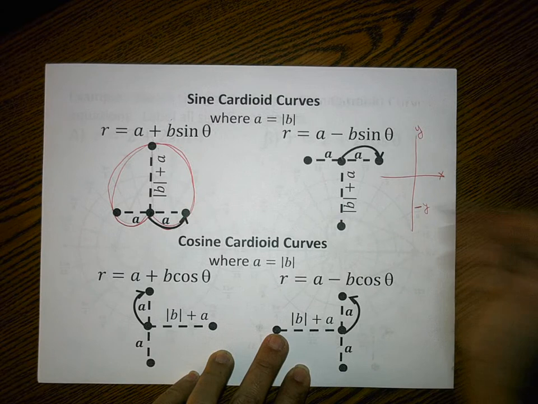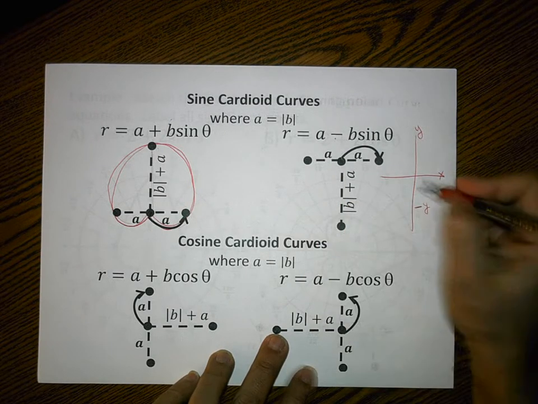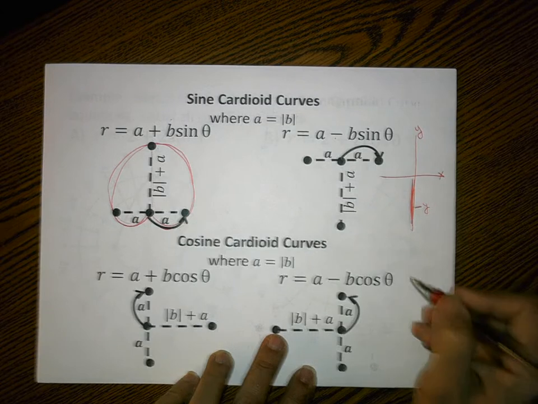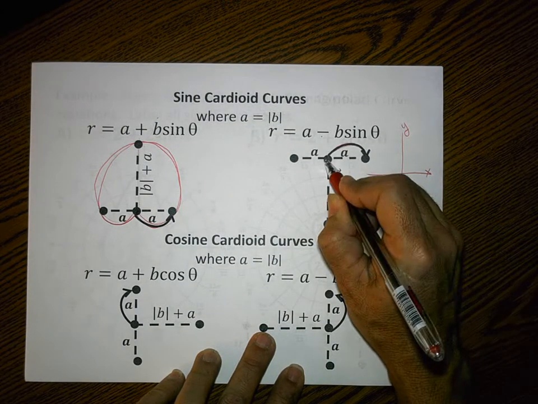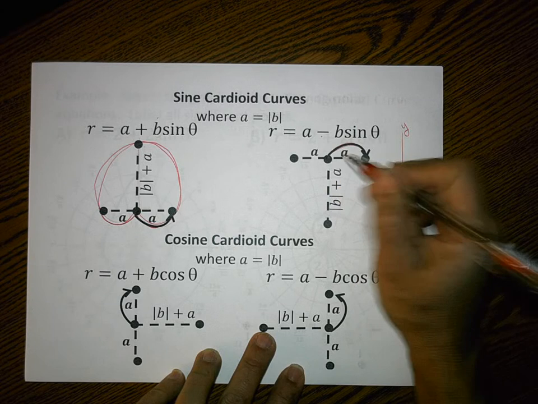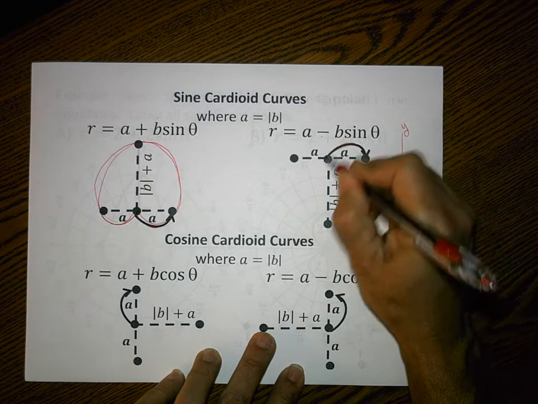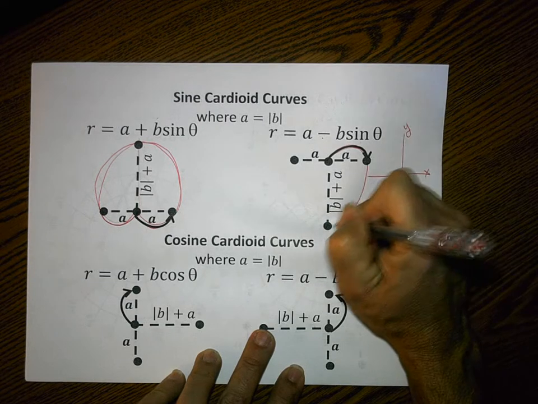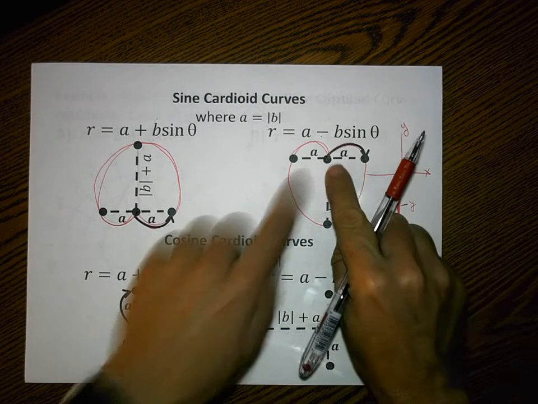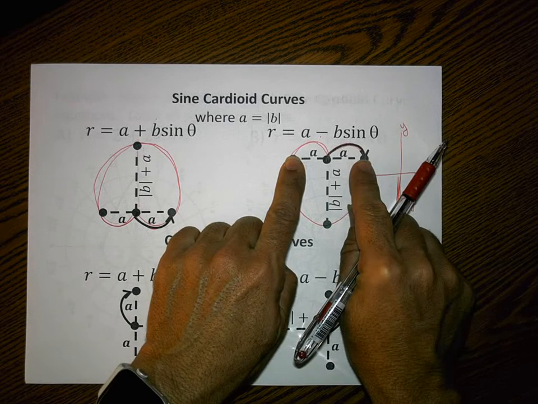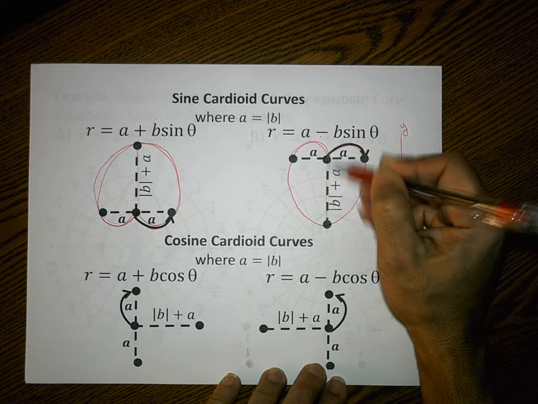The negative y is down here, so I'm looking for the negative sine pole, which is down here. I go to the right to start the heart shape, the cardioid. So 0, 0, go up to the right A, and then form the cardioid and back to the center. Notice that we go to the right and to the left the value of A, and we go down the value of A plus B.